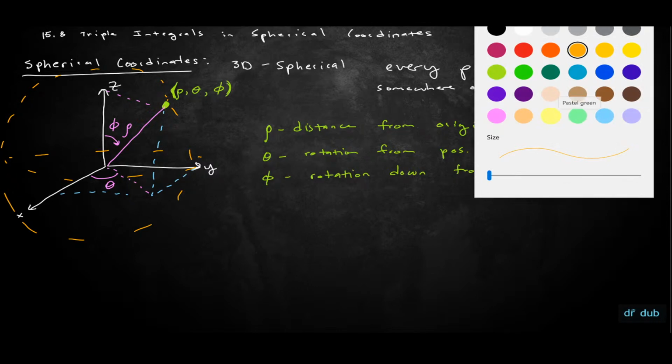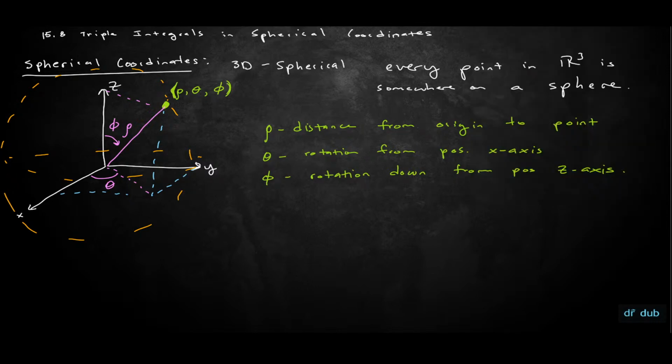And if you recall that this distance here from cylindrical coordinates we called that r. So that r from cylindrical is actually related to our angles, theta and phi.